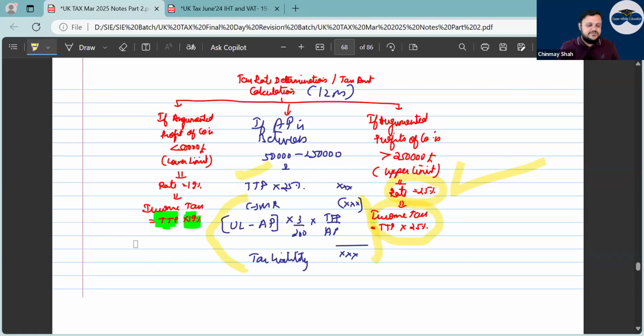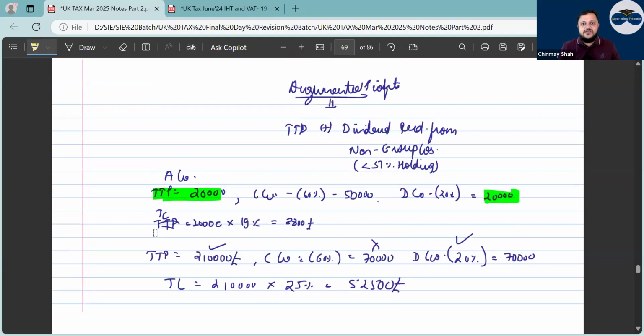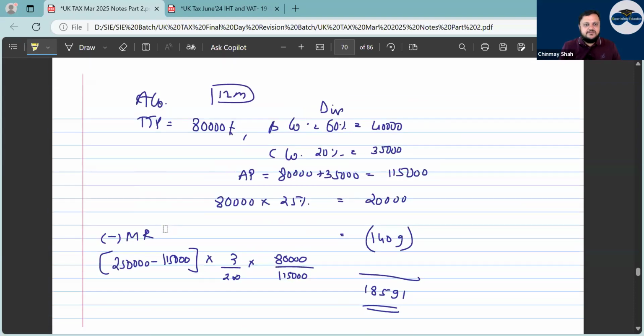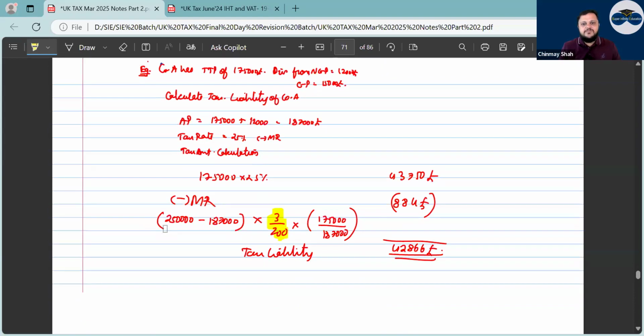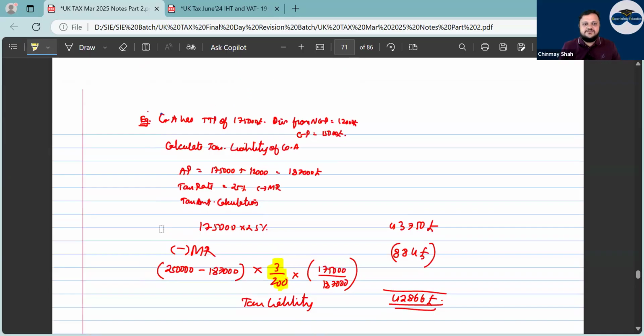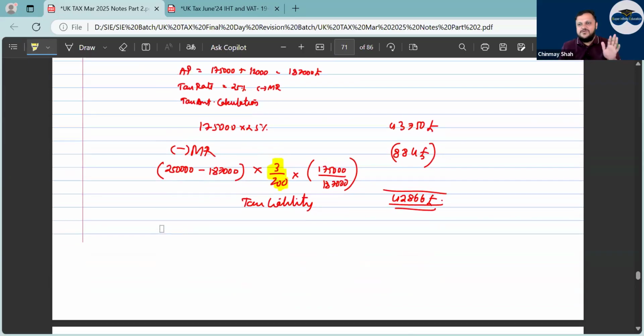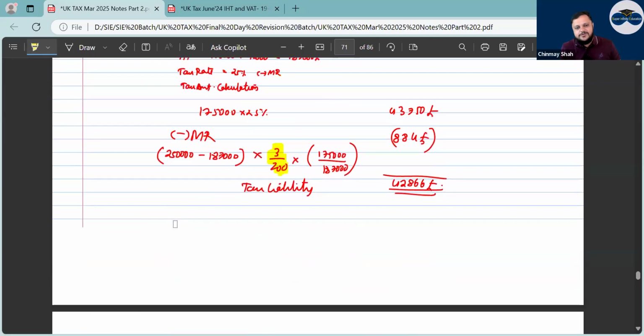That will give you the tax liability directly. Augmented profit is nothing but TTP plus the dividend received from non-group companies, that is, less than 51% holding. Then the company has TTP of 175,000, and dividend from; you can solve these questions, marginal relief, how to calculate.